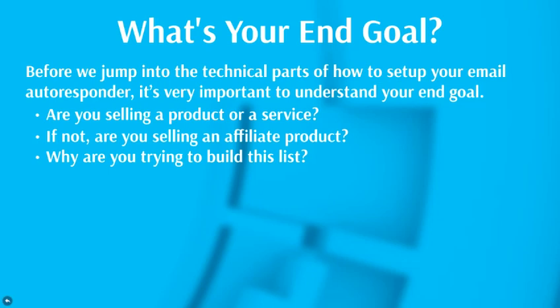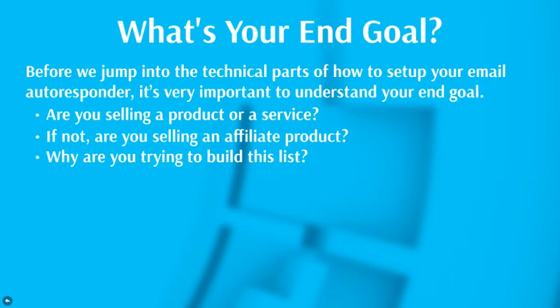If you're selling an affiliate product, you could still build a brand, but you're selling somebody else's product, so you need to gear it in a certain way. In other words, if you're selling a product or service, you need to clearly understand what problems your prospect faces, right? Give them tips and pointers along the way, build a relationship with them, and gain their trust so that they're interested in your product or service.